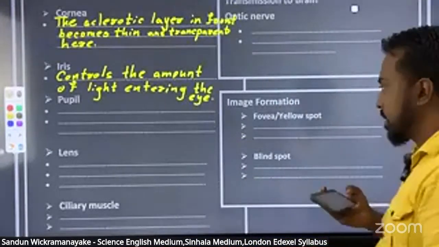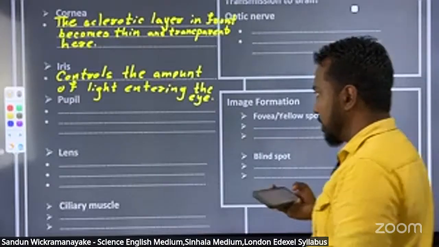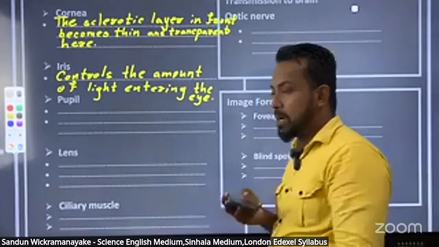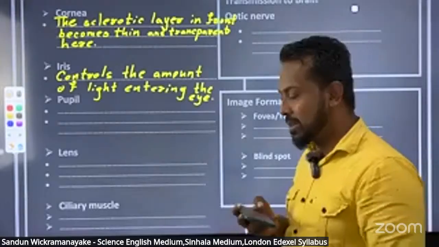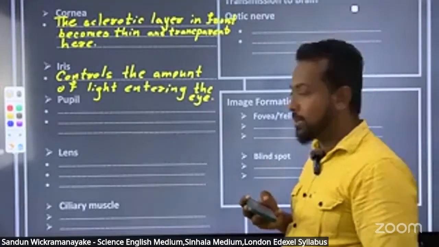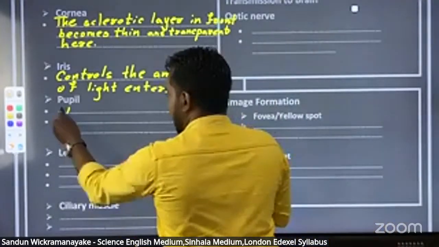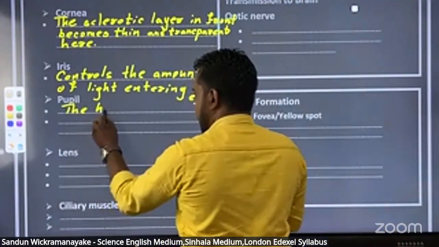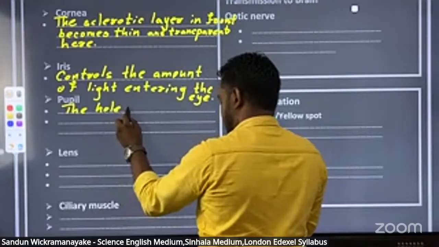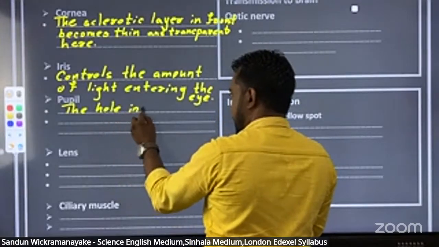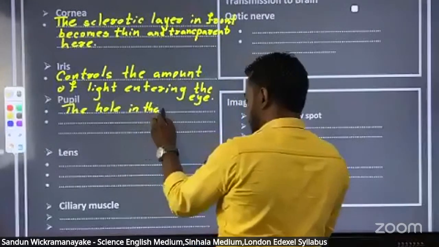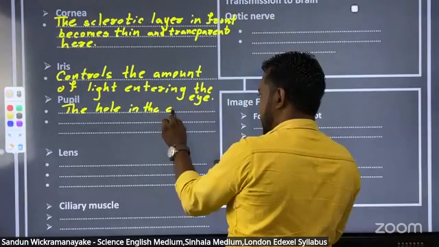Right. You know about the pupil. It's controlled by the iris. The pupil, the black color hole, the hole in the center of the iris.